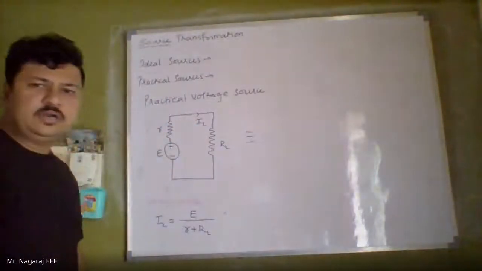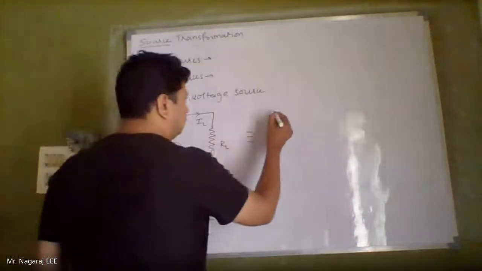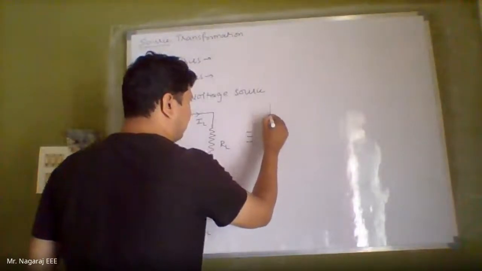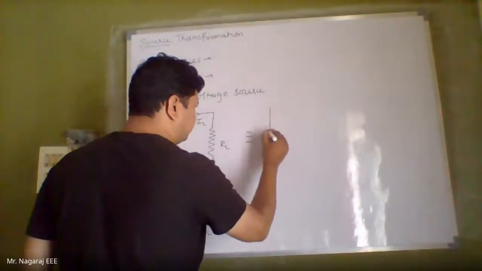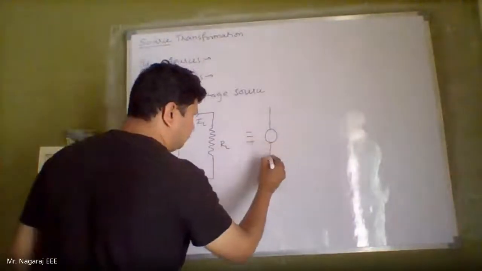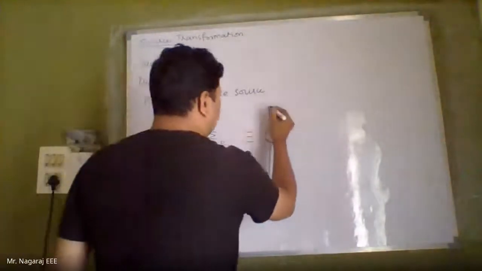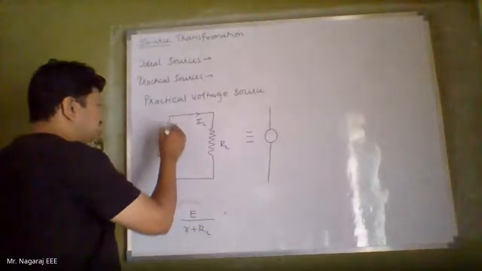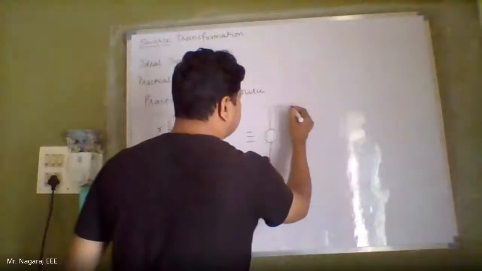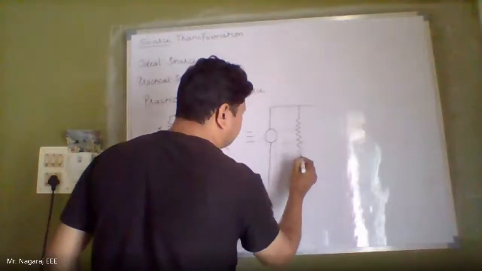Now if I want to convert it into an equivalent current source, then what I do is place a current source, and this internal resistance R will now be placed in parallel to that source.